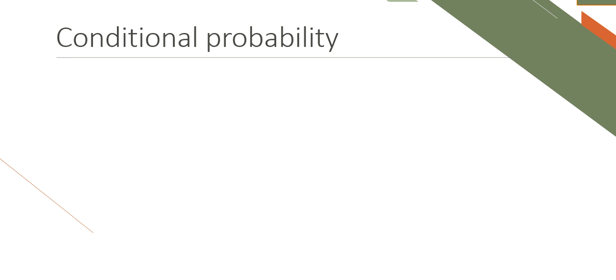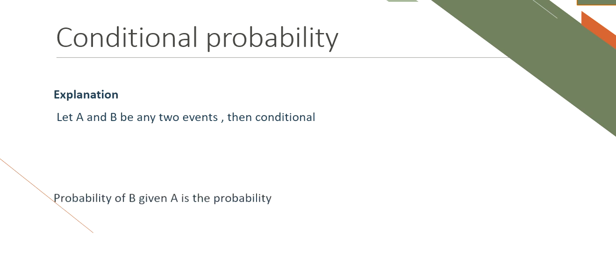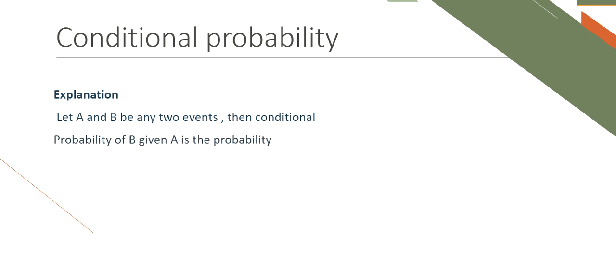So how would you define conditional probability in terms of a formula? Let us see that. Here I have taken two events. Let A and B be two events. If I want to define a conditional probability, I would define it like this: the probability of B given A is the probability of B happening when A has already happened.